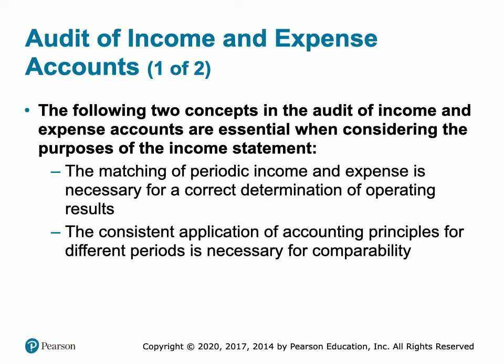So the other side to all this is looking at income and expense accounts. So you want to do strong analytical procedures, including looking at budget to actual, as well as growth, average growth, even month to month or quarter to quarter growth relative to other aspects of the business. So if accrued commissions doesn't grow, or if commission expense doesn't grow when revenue grows, that should be a warning sign, right?